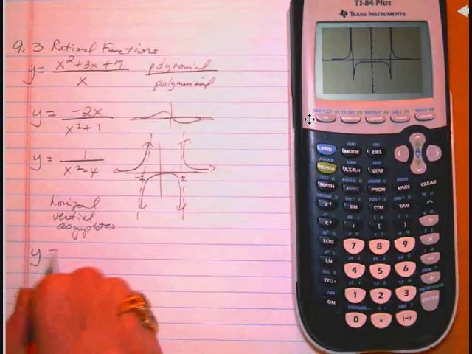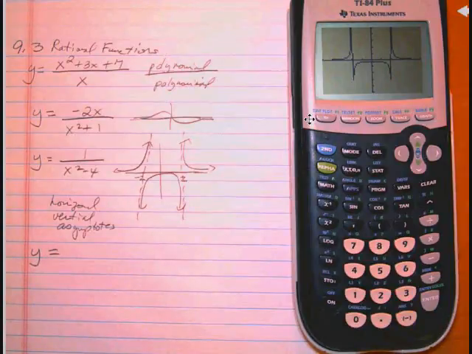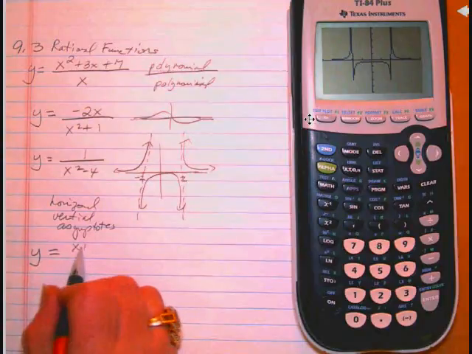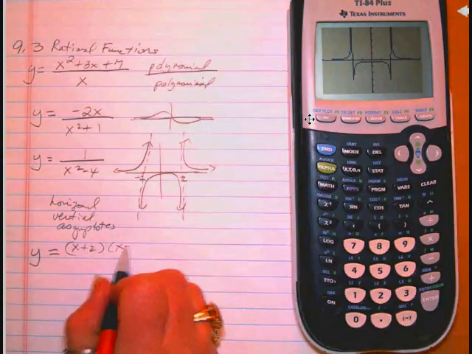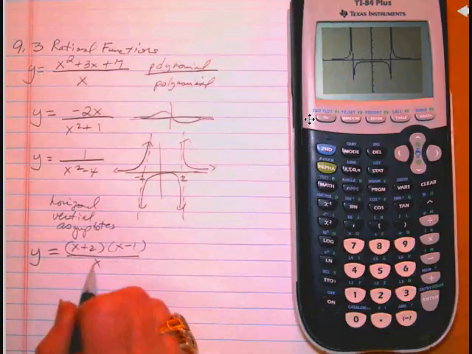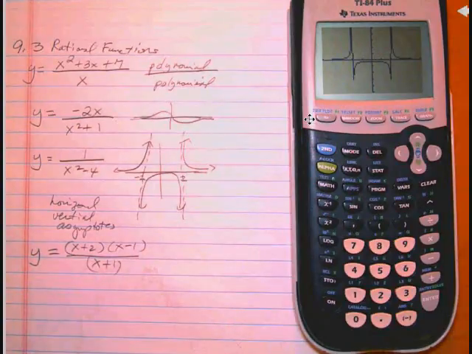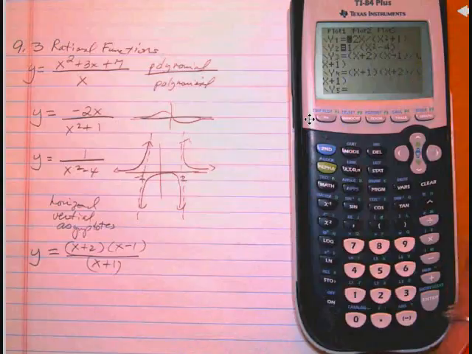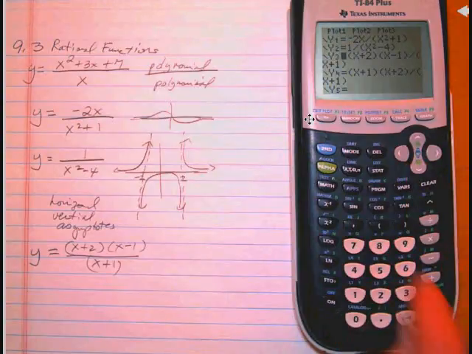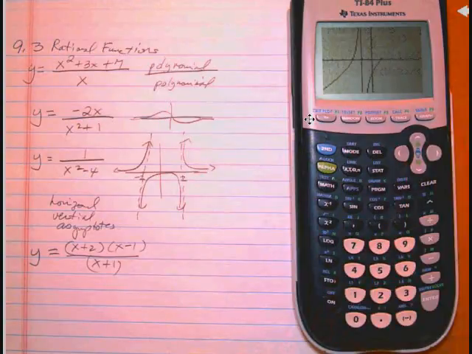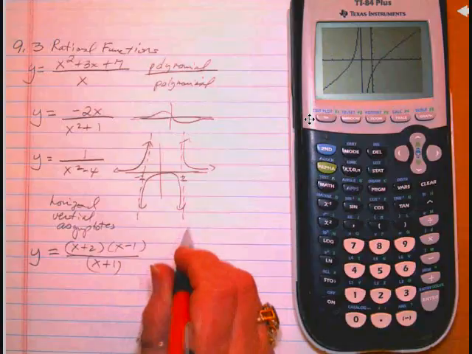Okay, here's another weird one. This has y equals x plus 2 times x minus 1 over x plus 1. And you've probably never seen one that looks like this. Let's see, so I'll show you what it looks like. Okay, this one's a little weird again.